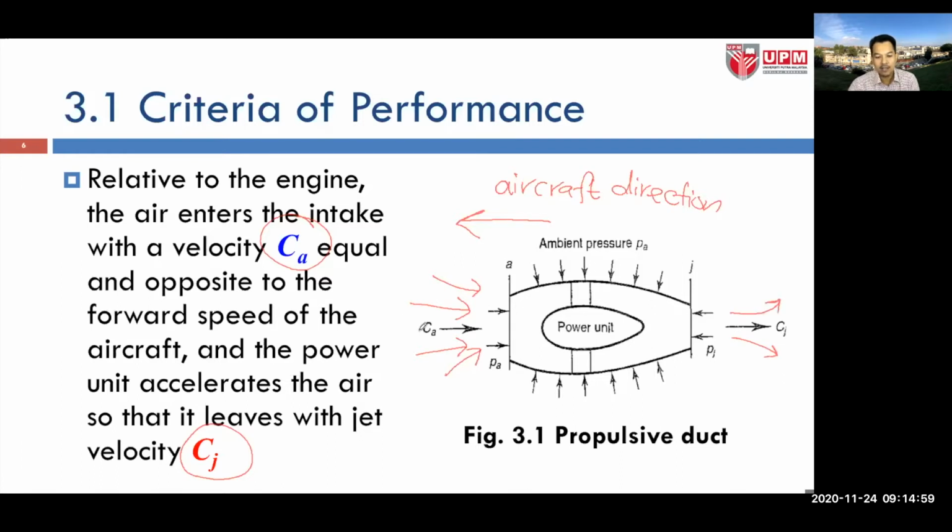Ca is the incoming air, A for ambient, J for jet. We have the ambient pressure as well as the jet pressure, and the ambient pressure also acts on the power unit. That is the typical configuration when we want to look into the criteria of performance for an aircraft engine.